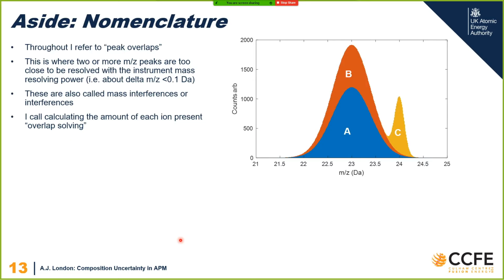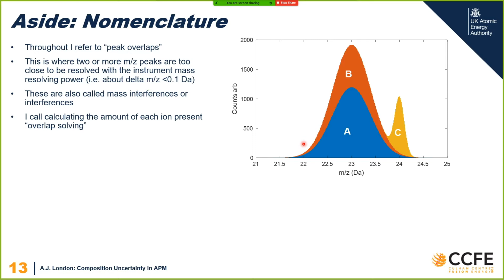So just as a quick aside, I talk about peak overlaps. So if we've got these two ions, ion A and ion B, I would say, so this is like a stacked histogram. You wouldn't see this, you just see the outline of the total in your experiment, but actually there's two different peaks hiding in here. So I would call those overlapped. People also talk about interferences, or mass interferences.